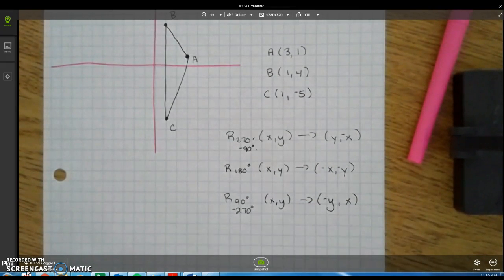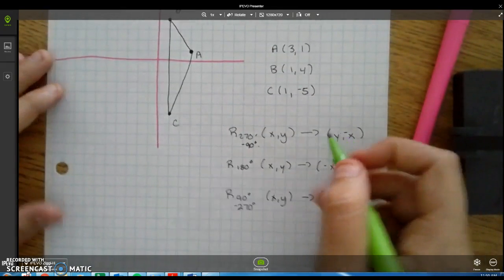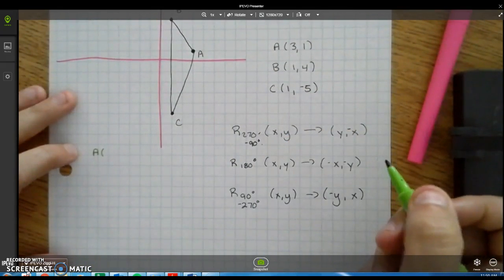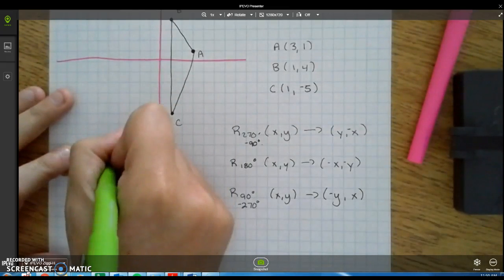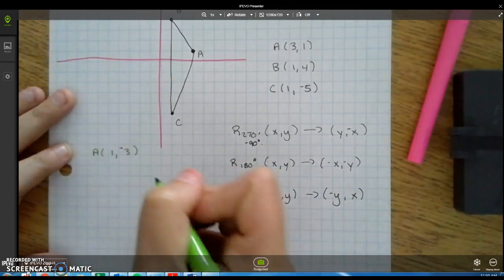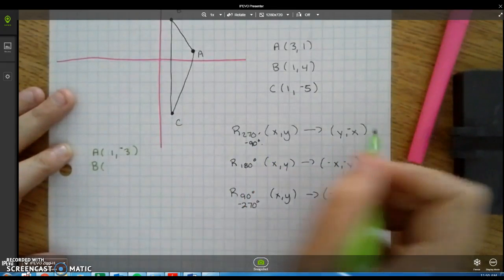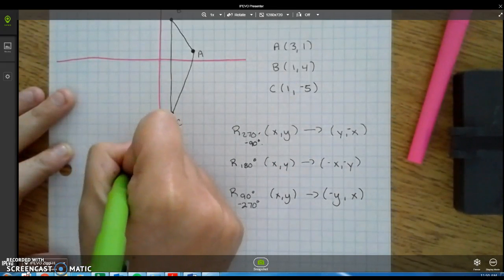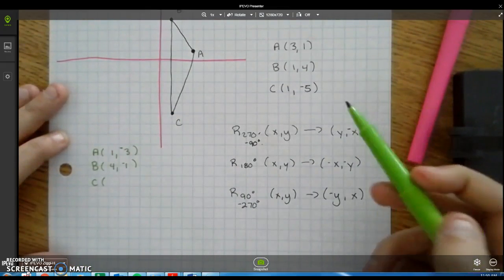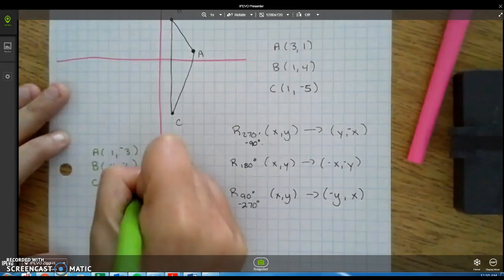Okay, so let's go ahead and try this. If I take A and I rotate it 270 degrees, I'm going to flip my x and y, and my x will become negative. B, I flip them, that becomes 4, 1, and my 1 will become negative. Flip these, negative 5, negative 1.